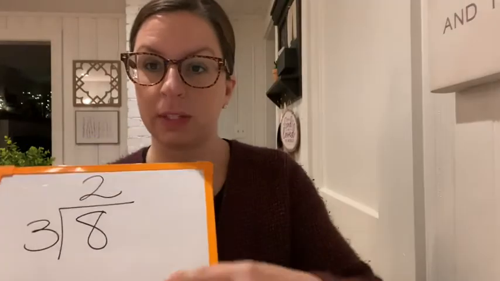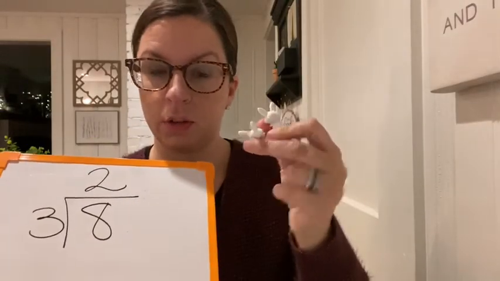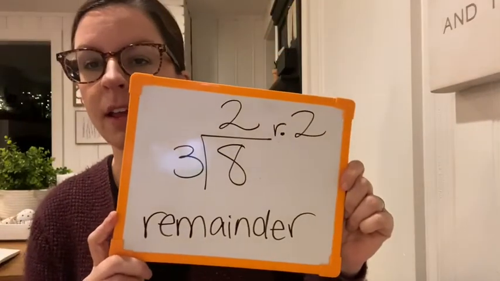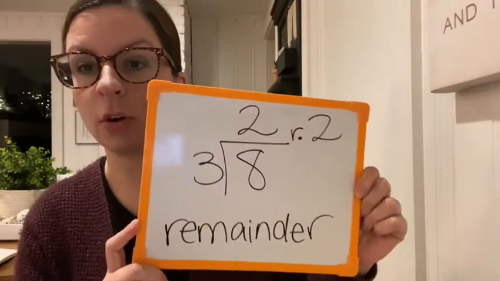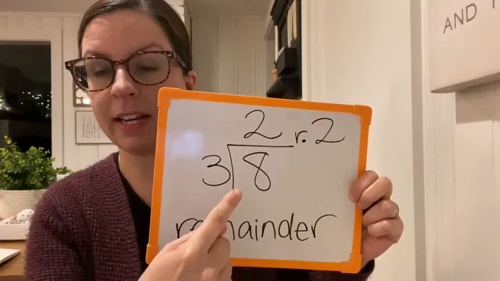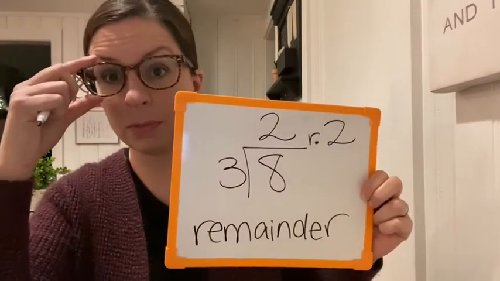I can have 2 groups of 3, but I can't forget about the ones that I have left over. So how many do I have left over? 2. That is called the remainder. The remainder is how many I have left over after I have divided into equal groups.